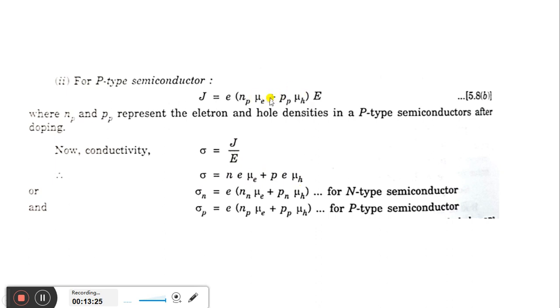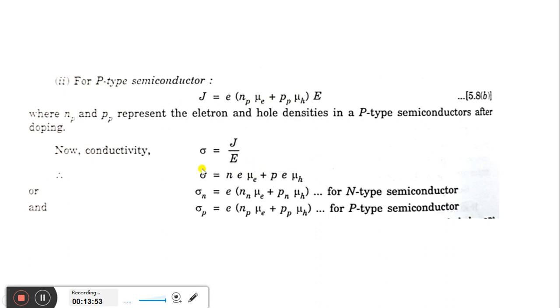From here, just see, conductivity can be written as J by E. So if we take E here, J by E, a general expression can be written, that is Ne mu e plus Pe mu h. This is the general expression.